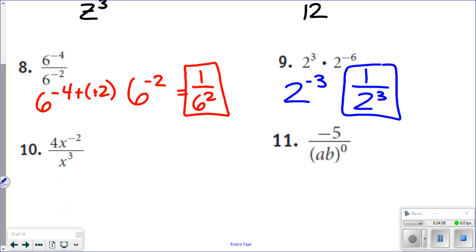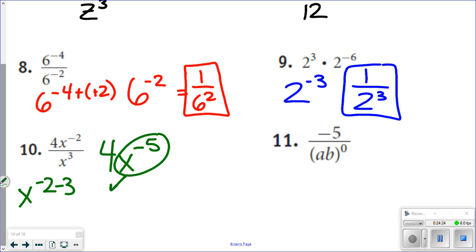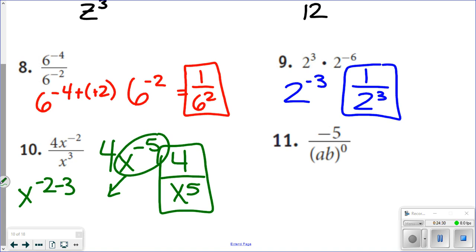Okay, I need to leave this 4 alone because there's no other number that I can divide it with. Put the x, and it's negative 2 minus 3, so that's negative 5. And then this needs to move to the denominator. And it becomes positive.